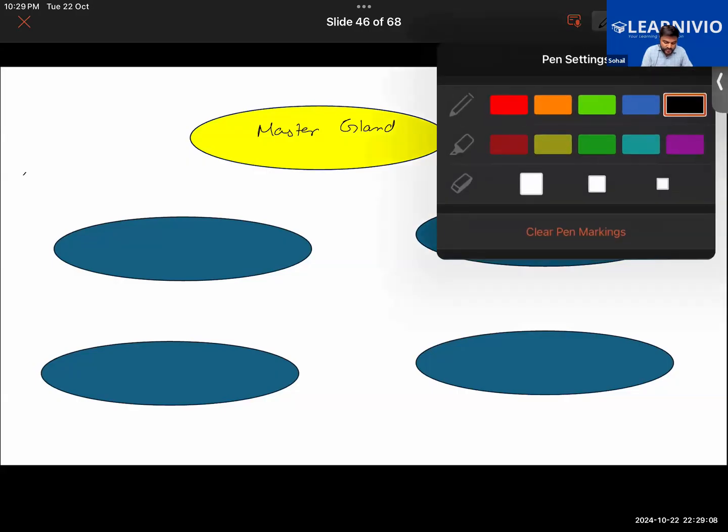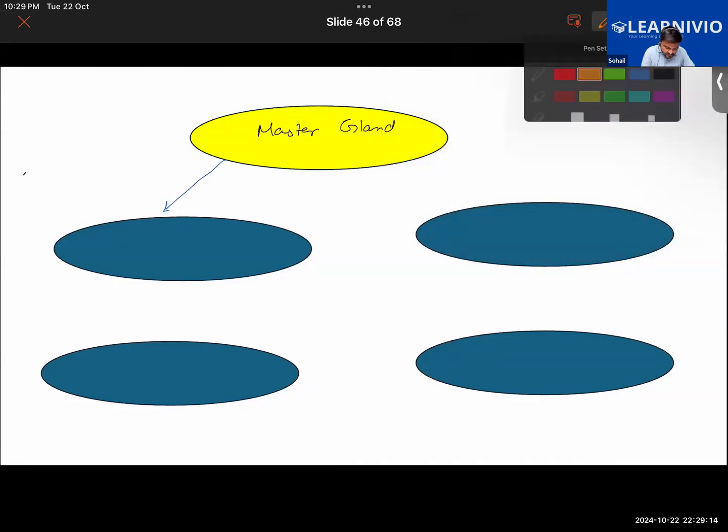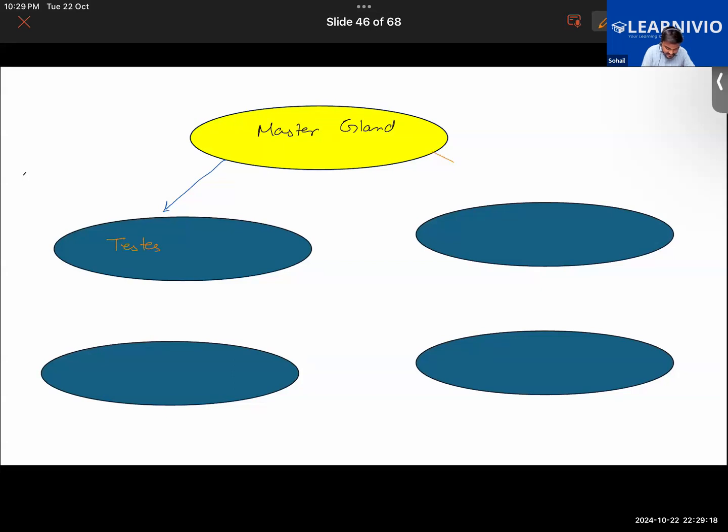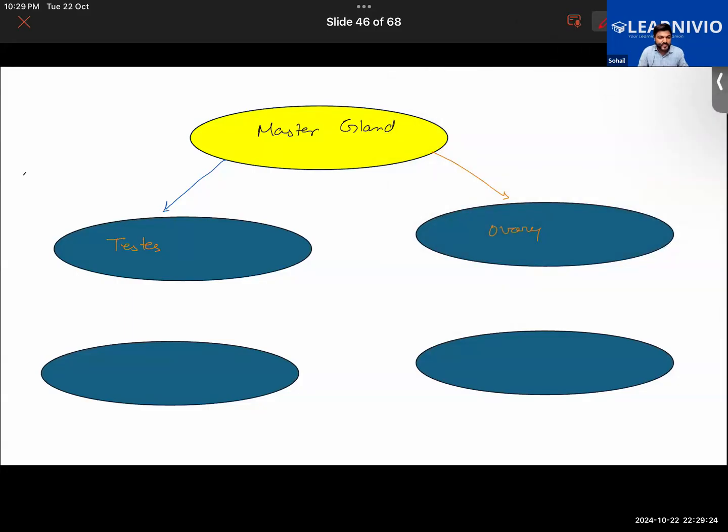So isn't it controlling them indirectly? It is controlling the testis and it is controlling the ovary. When the testis and ovary will start the production, how much production will take place, and when they will start releasing the secretions, is controlled by the pituitary gland.